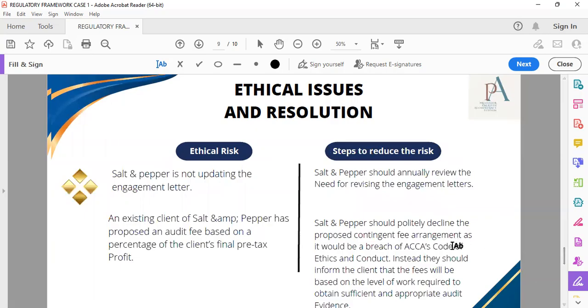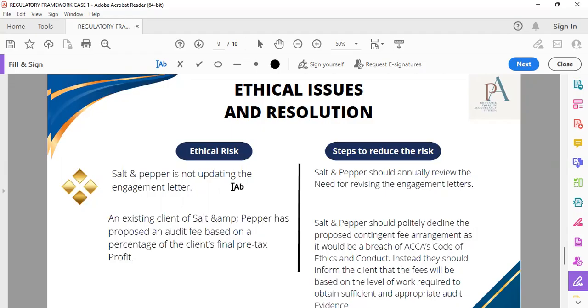So they have said they are not going to update their engagement letter. Year to year, issues change, and these are things you may need to identify early enough. I have told you earlier that an engagement letter is a document that sets out the contract of an audit between the audit firm and the company that is being audited.